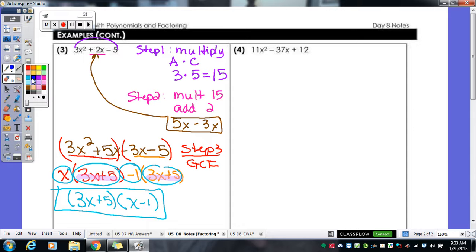Which, yes, it looks like it does take a little longer, but the more you practice it, the faster you're going to get at it if you like this way. So let's try this one more time. Let's try this on number 4. Let's multiply 11 times 12. You use your calculator if you need to.